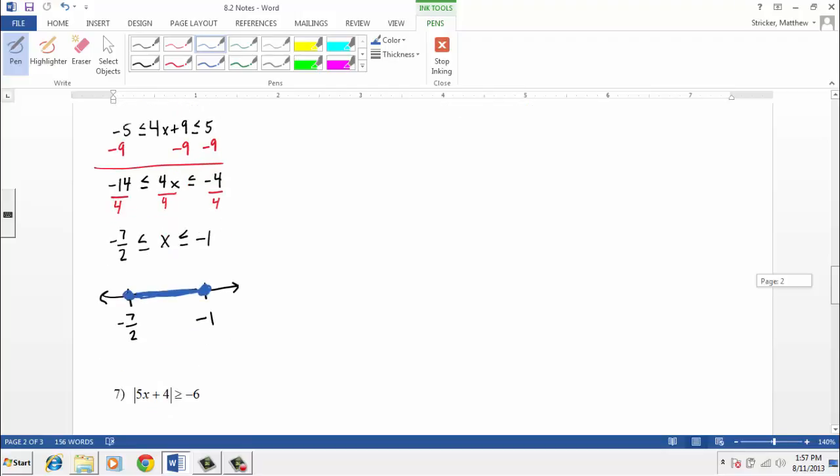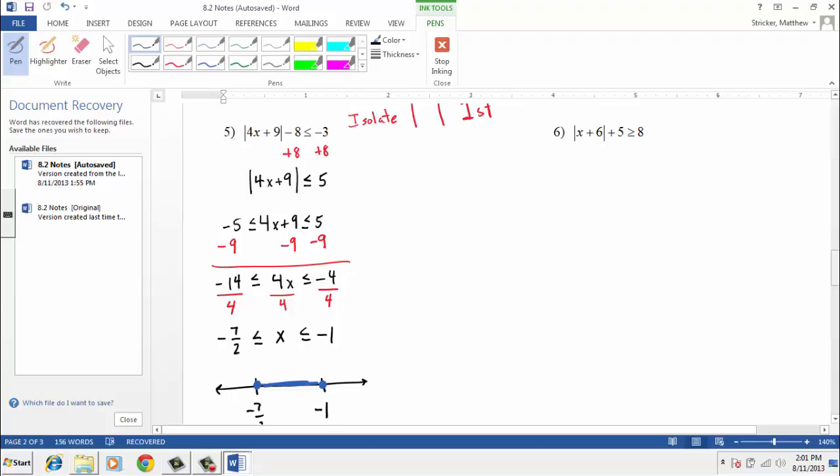Which means our answer in this case is, in interval notation, negative 7 halves to negative 1. Okay, I hope that makes sense.